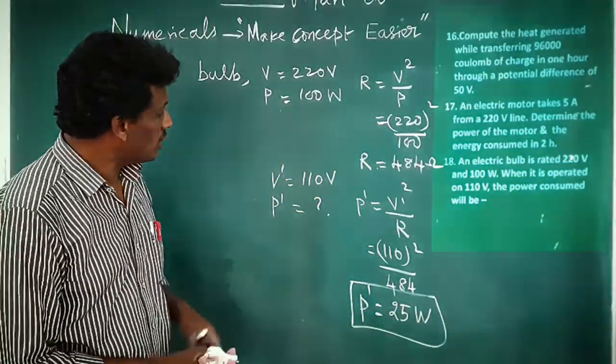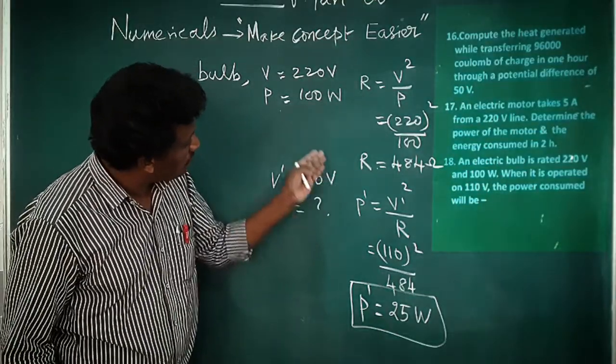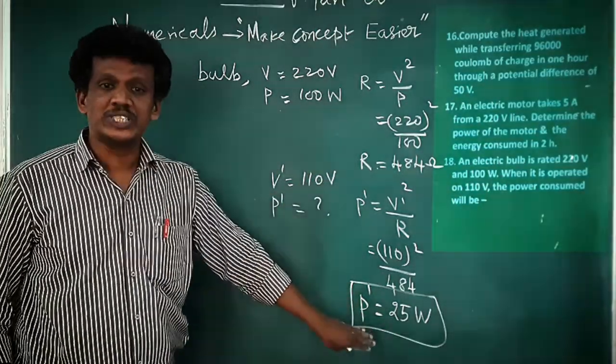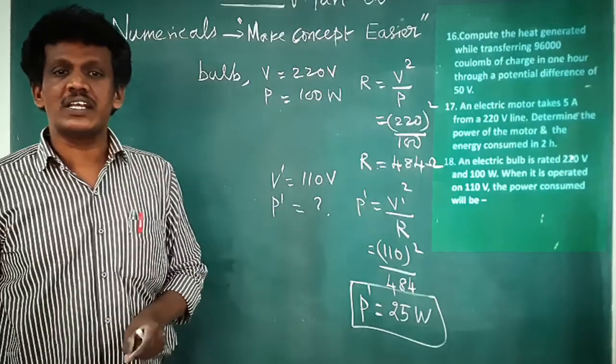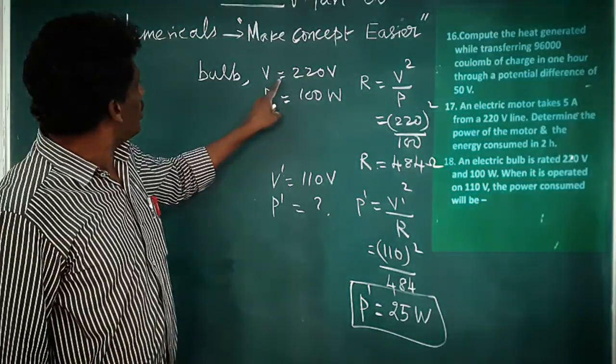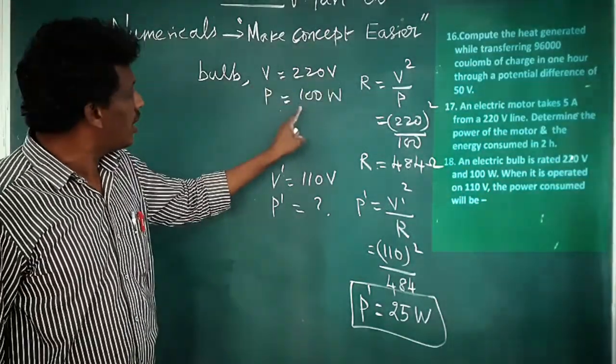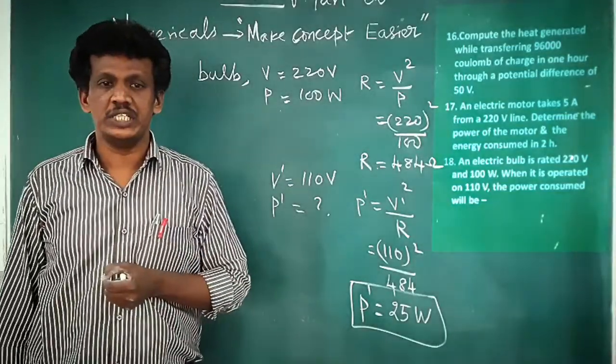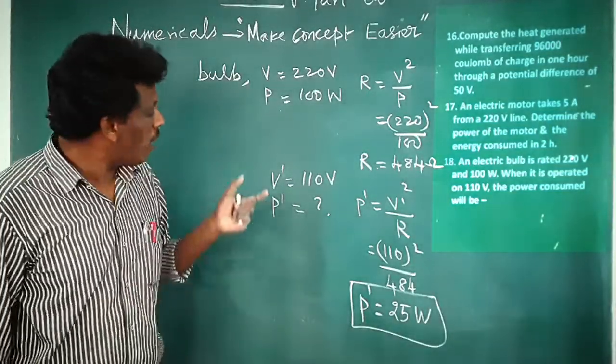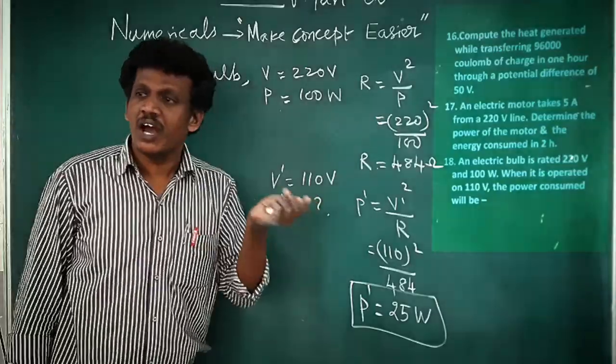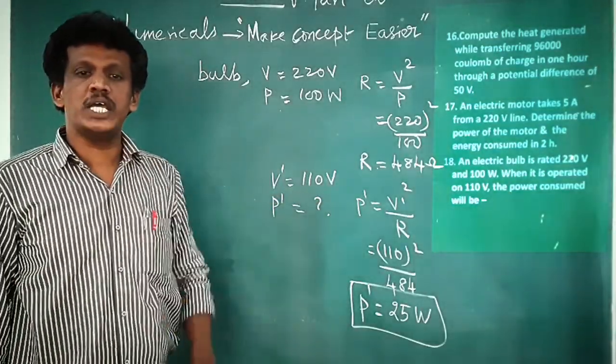What is happening here? The power of the electric bulb is reduced. So what is the guarantee given? If the electric bulb is operated at 220 volt, you get 100 watt energy per second. But if the operating voltage is 110, automatically the power of the bulb is reduced.